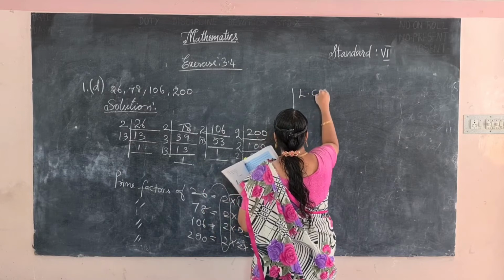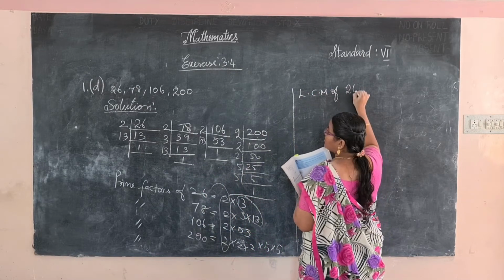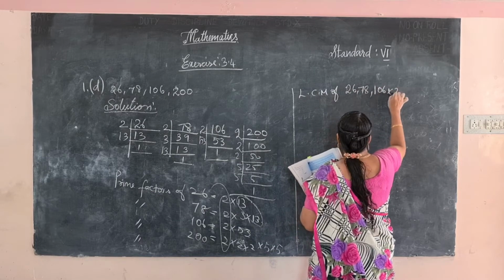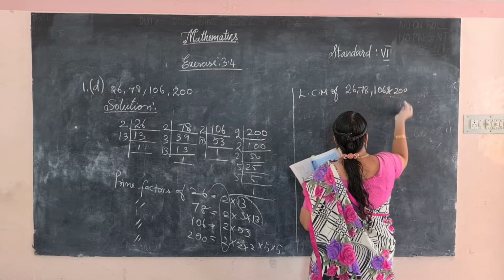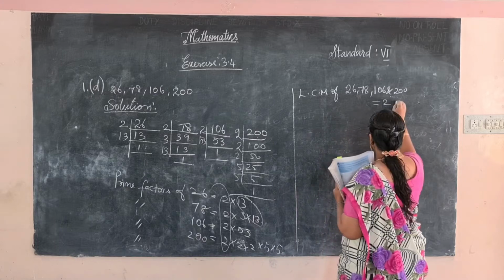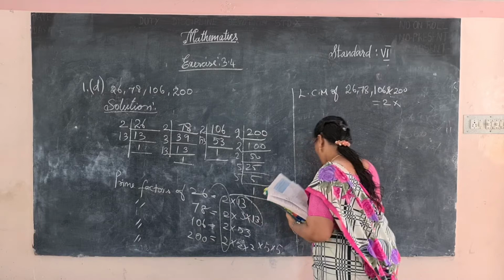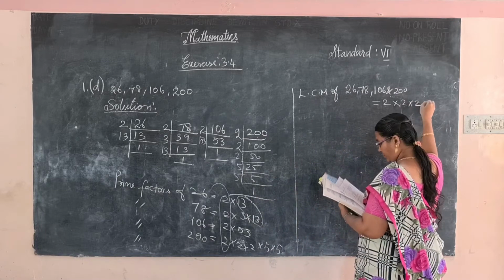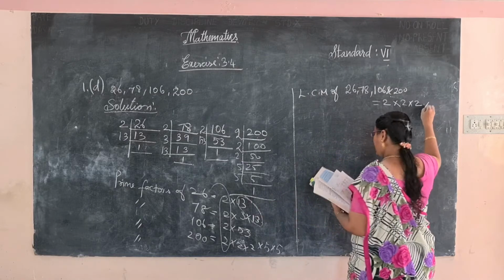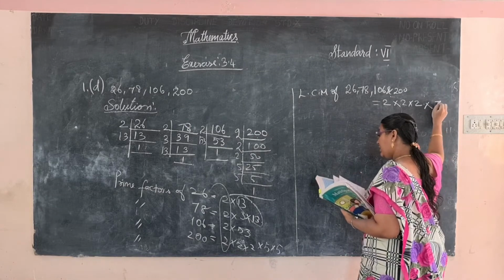So LCM of 26, 78, 106 and 200 is equal to, which are the multiples? Common multiple 2, and next 2 into 2. And next 3, how many times repeated? 1 time 3.